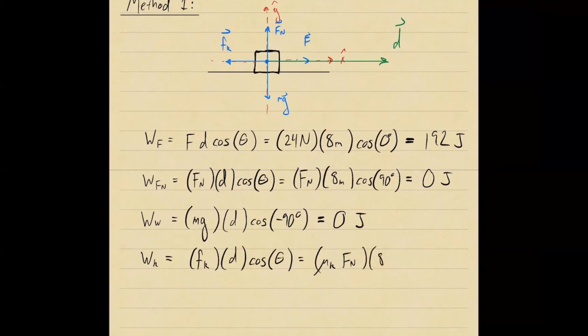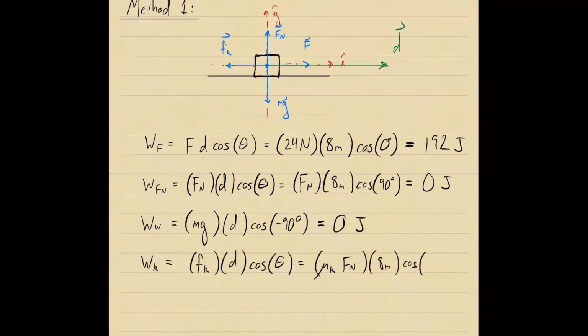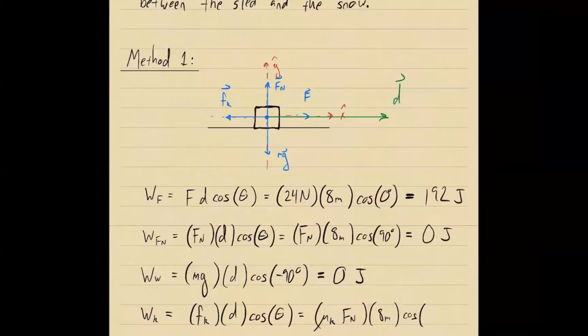Our displacement is still 8 meters. And cosine of our angle this time: our displacement is in the positive x direction, our kinetic frictional force is in the negative x direction, and so the angle is going to be 180 degrees.